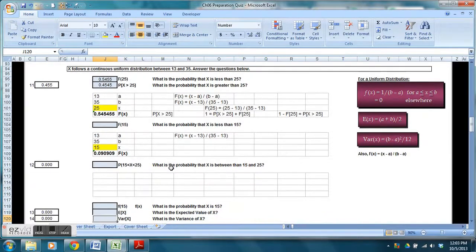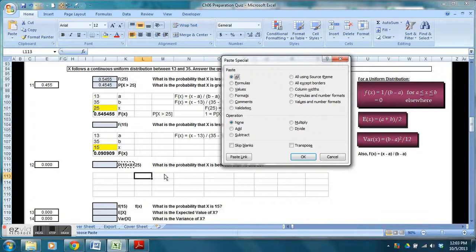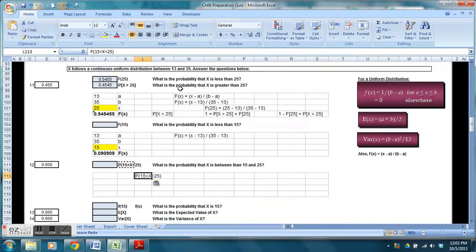Now, what is the probability that x is between 15 and 25? And like I mentioned earlier, the easiest way to figure out any kind of probability for cumulative or continuous probability functions is to change it all in terms of big F. So we start out understanding that this is what we're looking for.